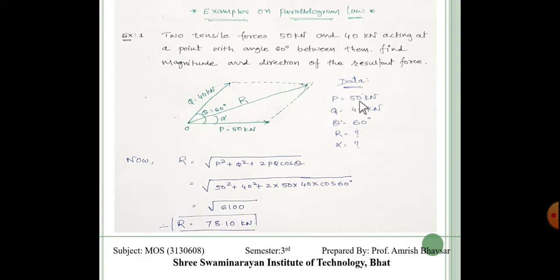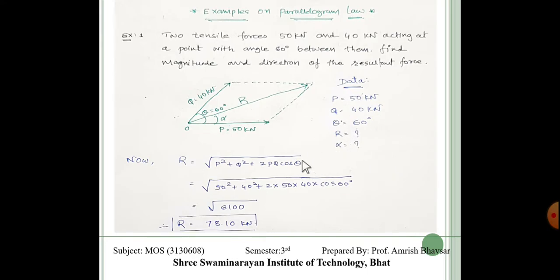So P is equal to 50 kilonewton and the smaller force, Q, is equal to 40 kilonewton. The angle between them is 60° and both forces are tensile, so theta is equal to 60°. We have to find the magnitude and direction of the resultant force, that is R and alpha.